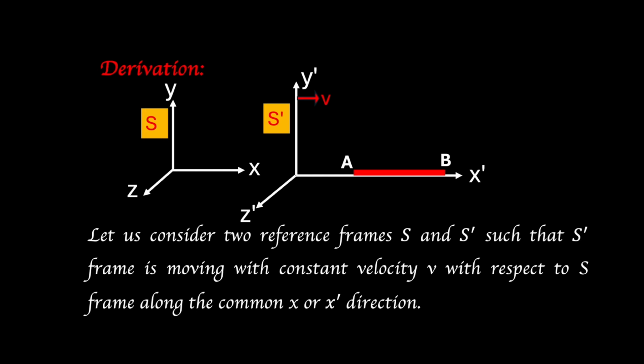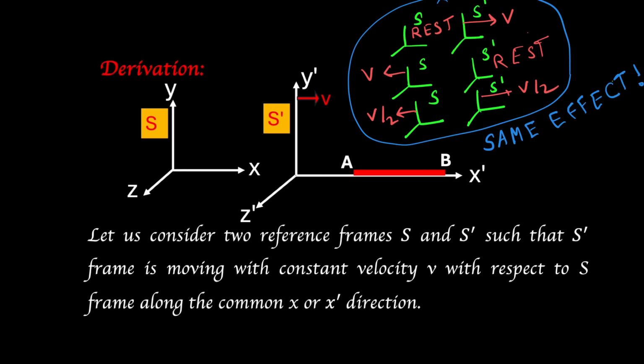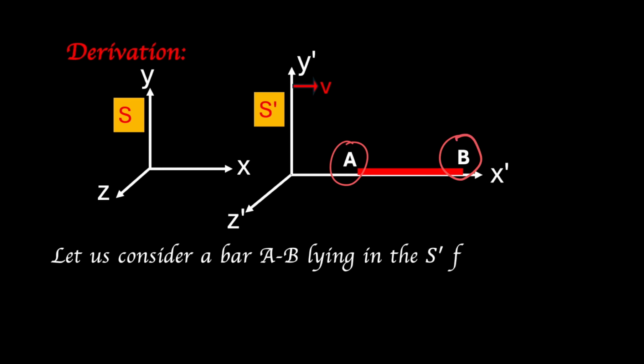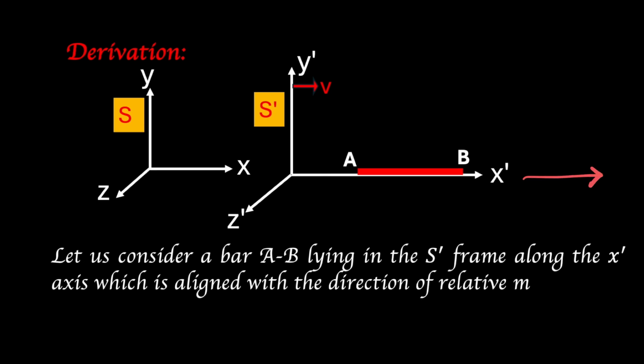It's crucial to note that it is the relative velocity between the two frames that matters, not how this velocity is achieved. Therefore, any scenario where the S prime frame moves with velocity v relative to the S frame demonstrates the same effect. Consider a bar AB lying in the S prime frame along the x prime axis, which is aligned with the direction of relative motion.